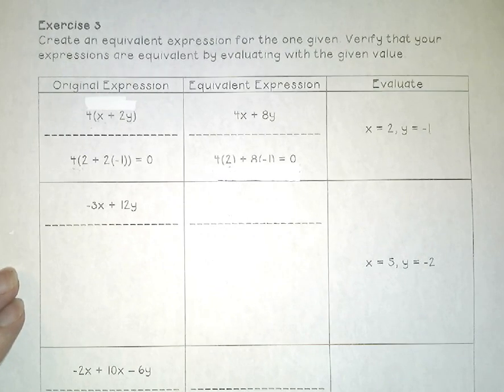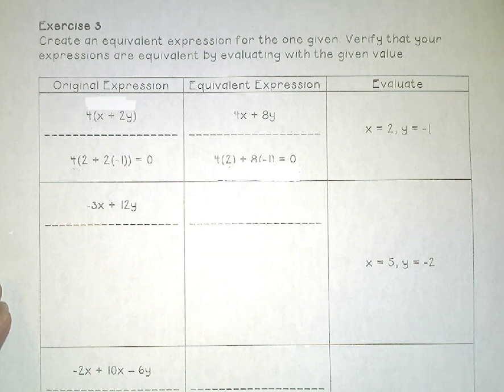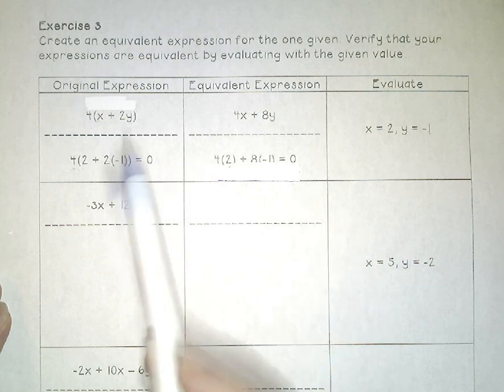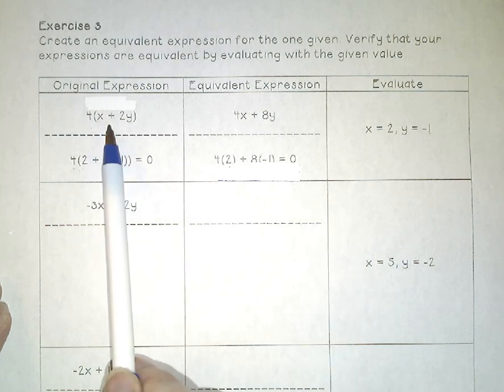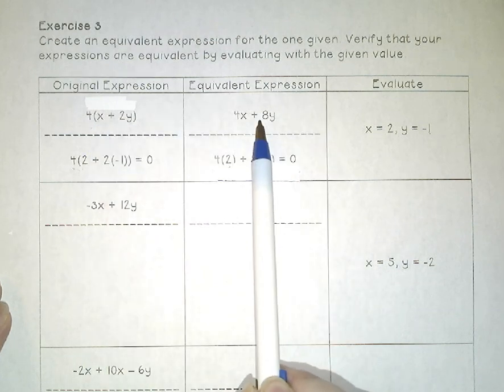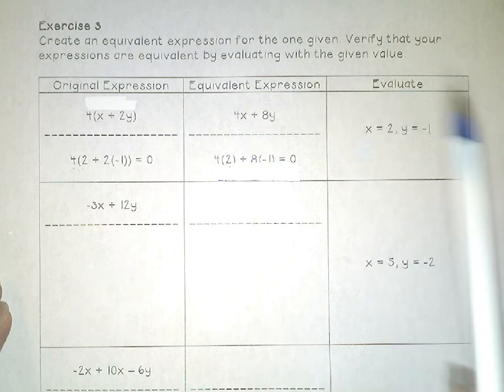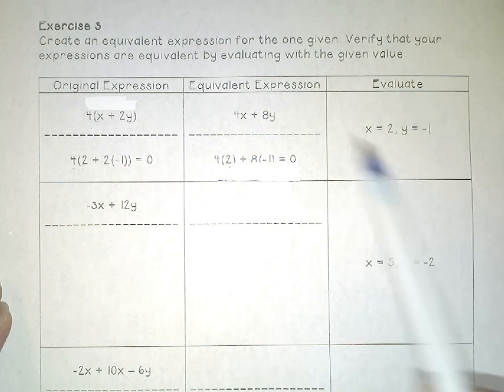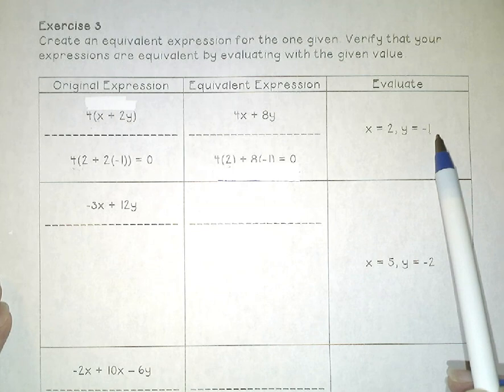All right. Exercise 3. Create an equivalent expression for the one given. Verify that your expressions are equivalent by evaluating with the given value. So here we have our original expression. We have another expression that is equivalent, and we have the given values that we are going to substitute for each of the variables.